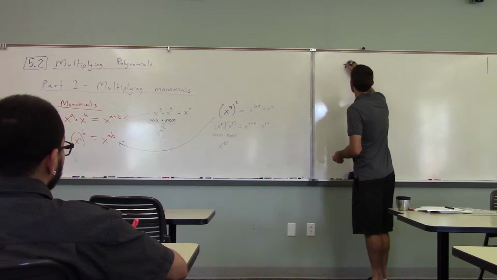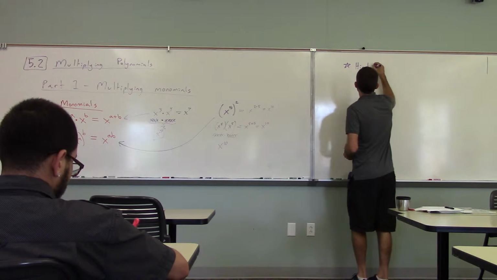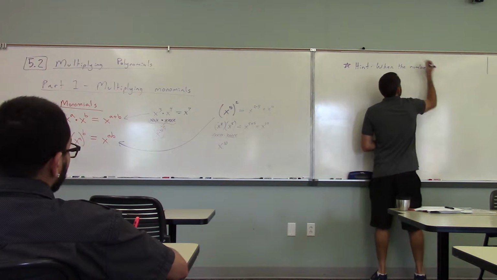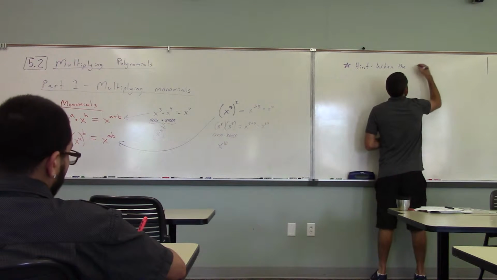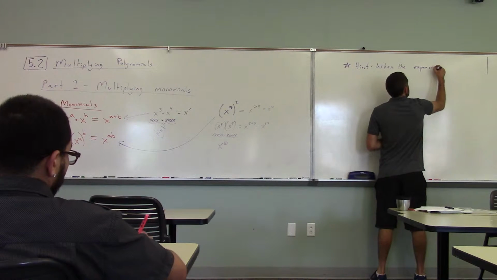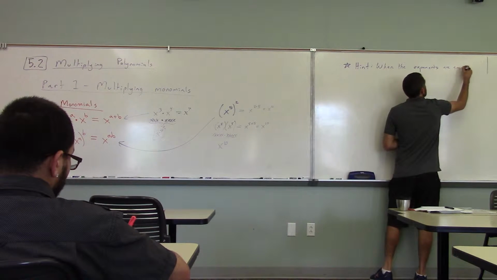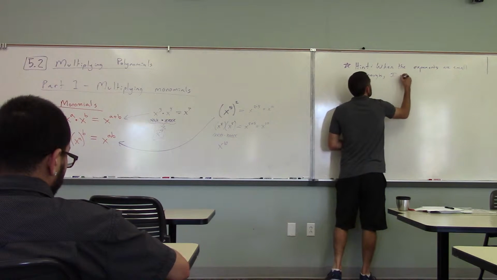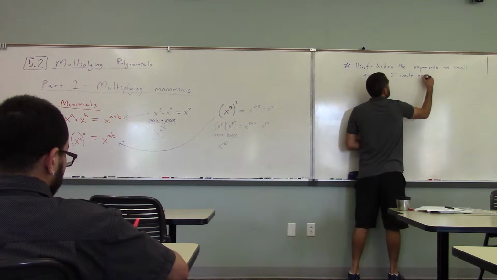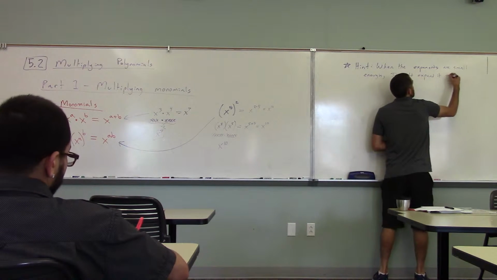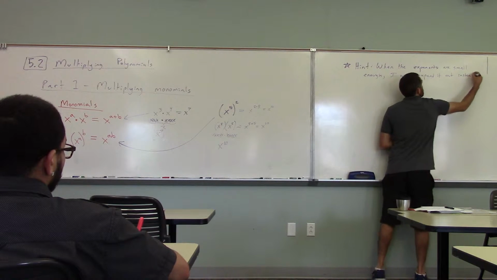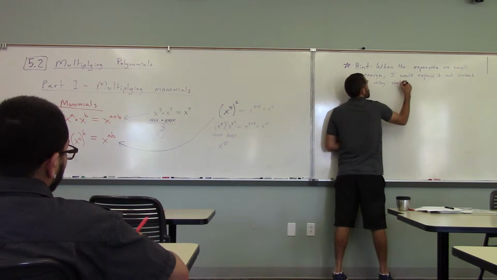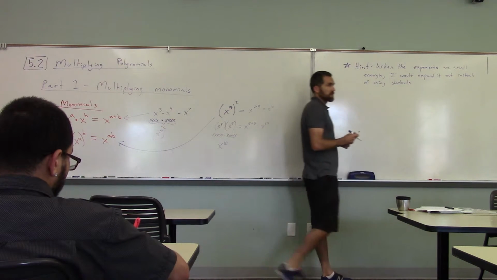So my hint is when the exponents are small, I would expand it out instead of using shortcuts, okay?